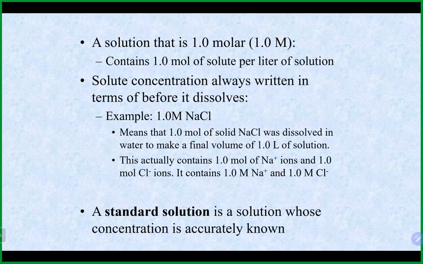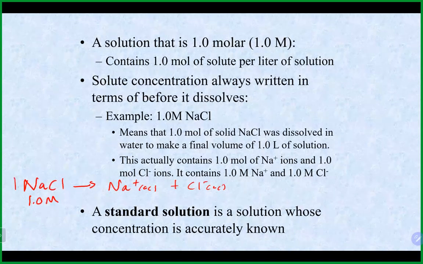So how ions work in concentration in terms of molarity: because sodium chloride is a strong electrolyte, when it's in solution, it really is sodium ions and chloride ions floating around. If the whole thing was 1 molar, we could do a stoichiometry relationship between the whole thing and each of the ions. It is a 1-to-1 relationship, which means if we were interested in just the sodium ions, it would be 1 times 1 molar, which gives us 1 molar.